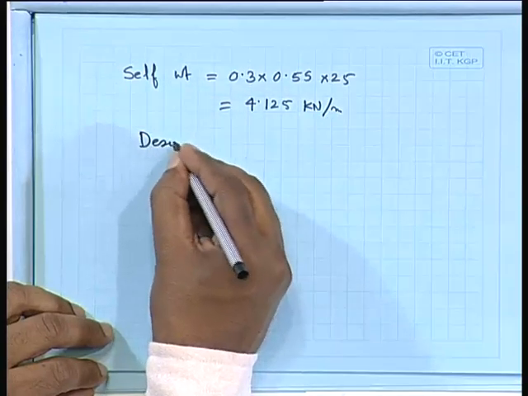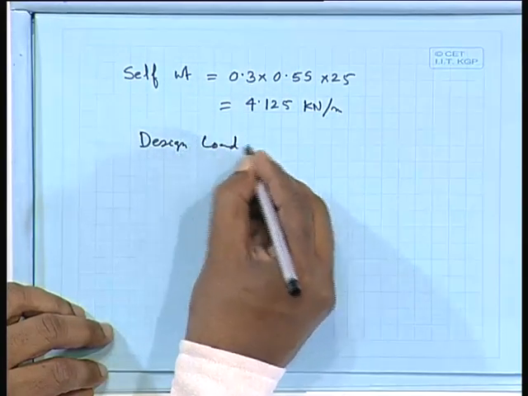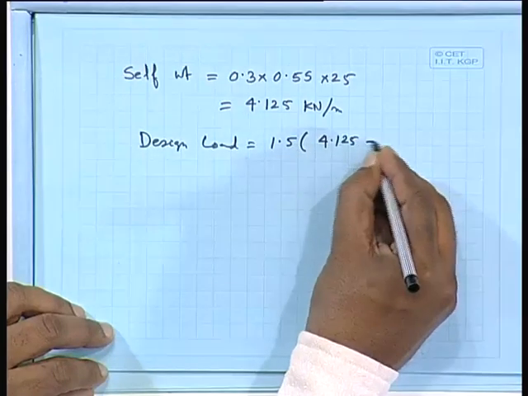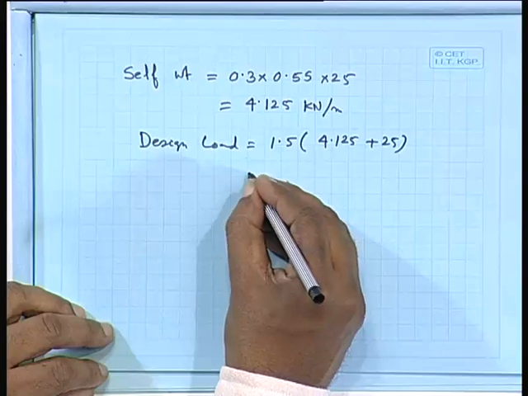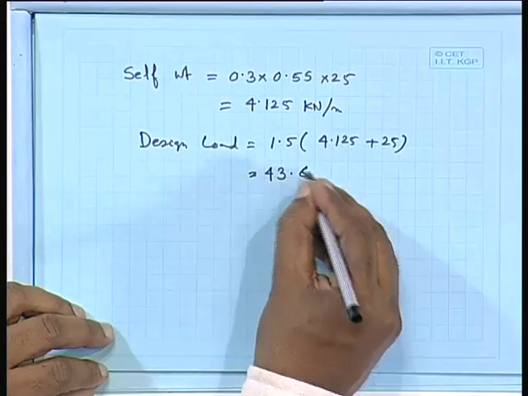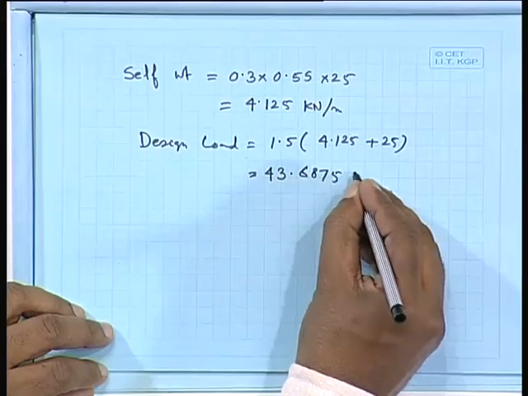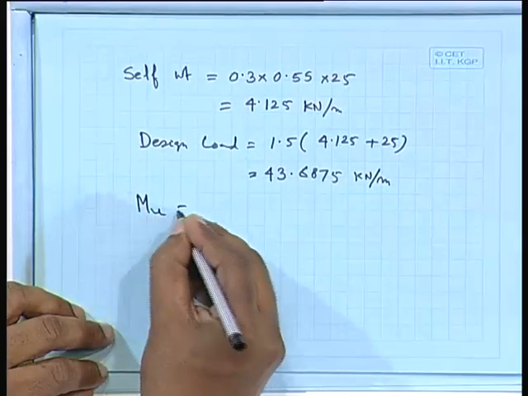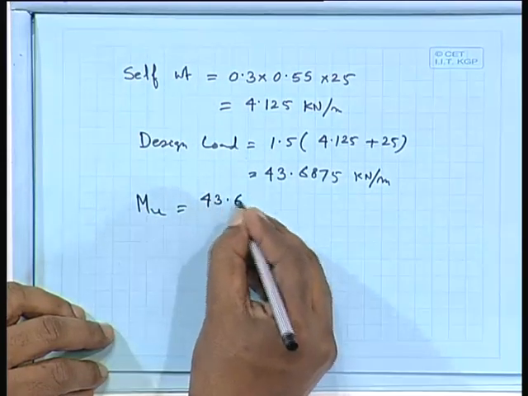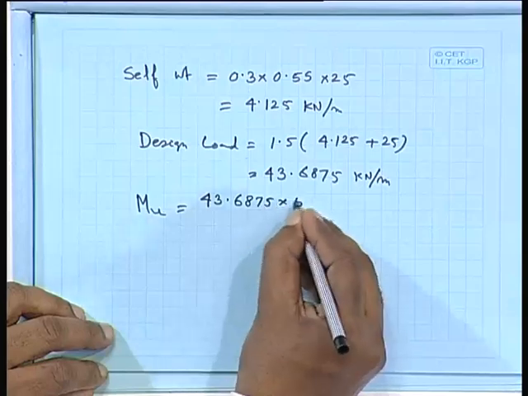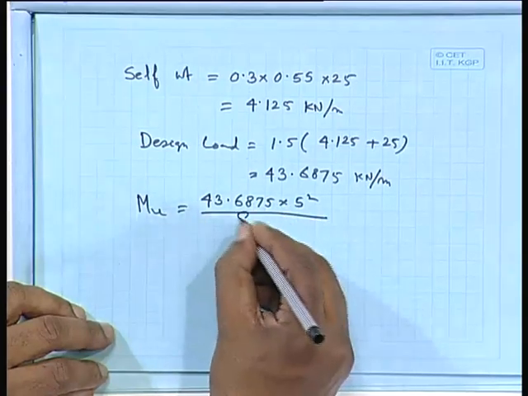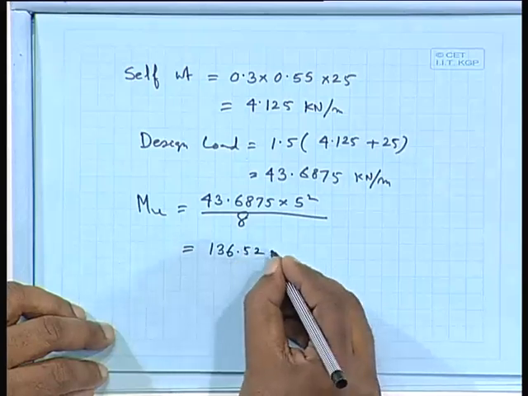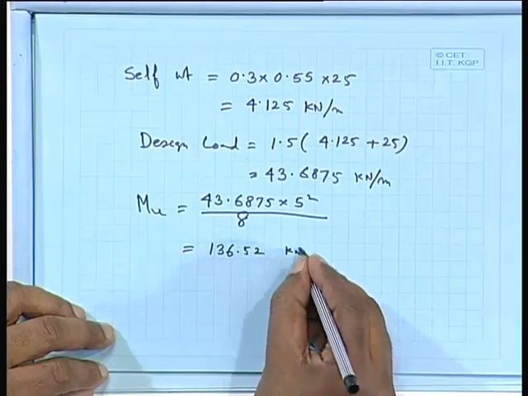Design load equal to 1.5 times 4.125 plus 25 equals 43.6875 kilonewton per meter. Mu equal to 43.6875 times 5 square divided by 8 equals 136.52 kilonewton meter.